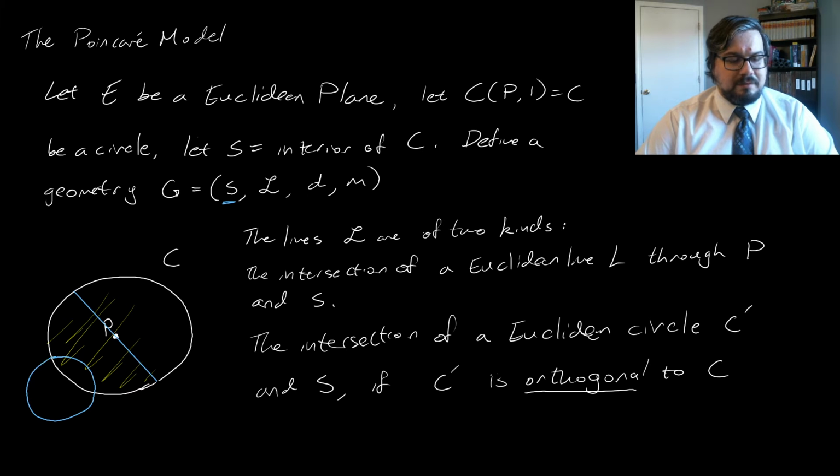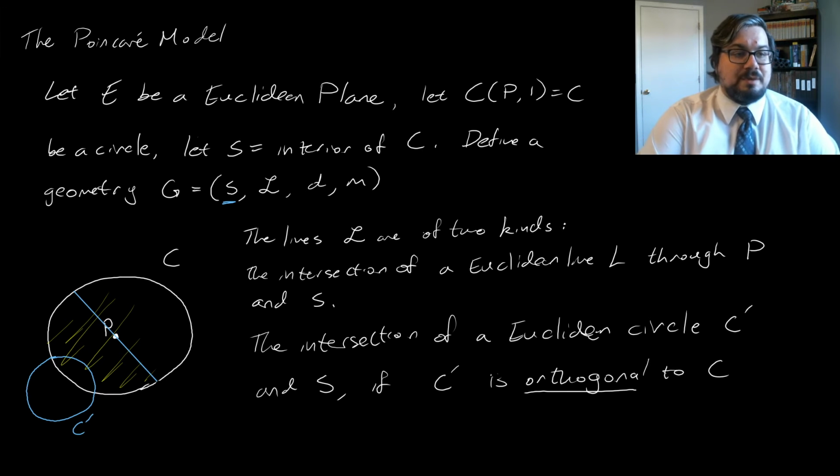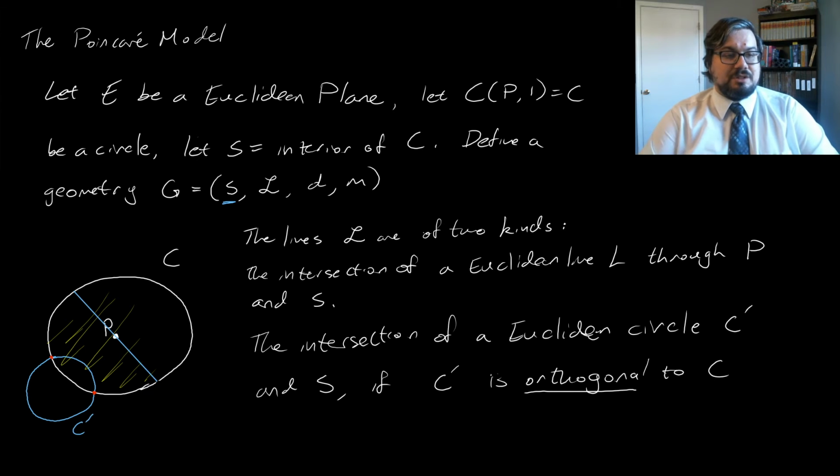If I were to take some circle C prime that lies in our Euclidean plane, and I look at the intersection with C, we're going to call the two circles orthogonal if these two intersections have the property that the tangent lines, the two tangent lines at this point, are perpendicular to one another.